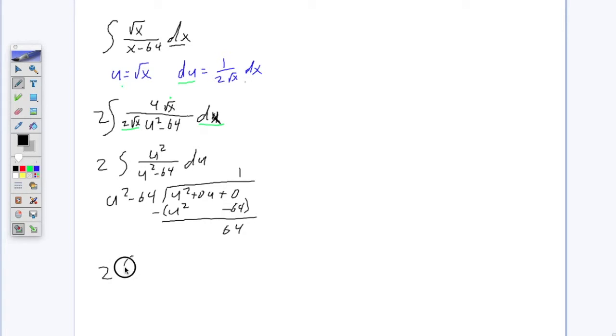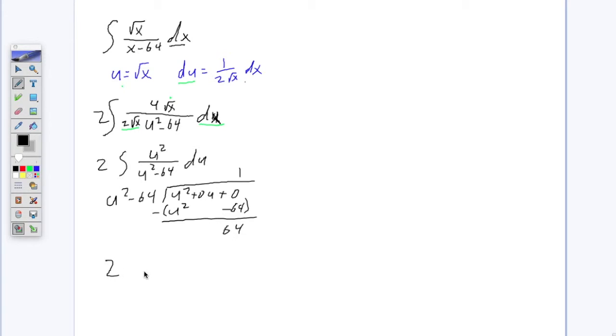So it's 2 times the integral of 1 plus 64, which is our remainder, divided by u squared minus 64 du. Let me erase this and rewrite that integral again.